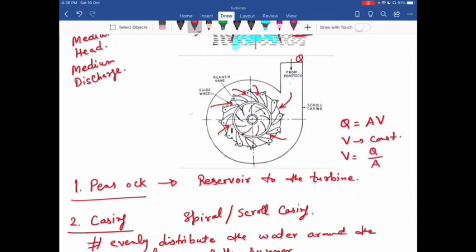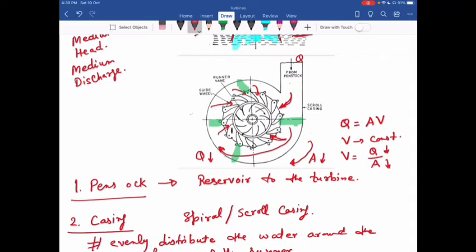Now as water enters through various sections, this Q is on the reducing side. In this direction, the Q is reducing because it enters the runner now. If Q is reducing, to maintain this V constant, we have to reduce this A also. That's why this cross section gradually reduces when we move along the clockwise direction.